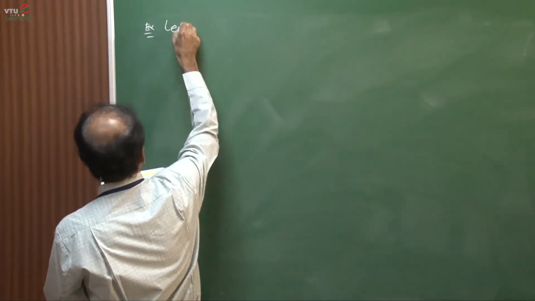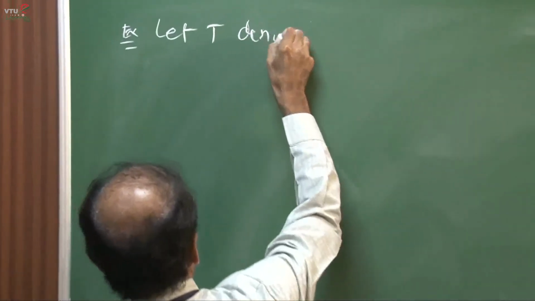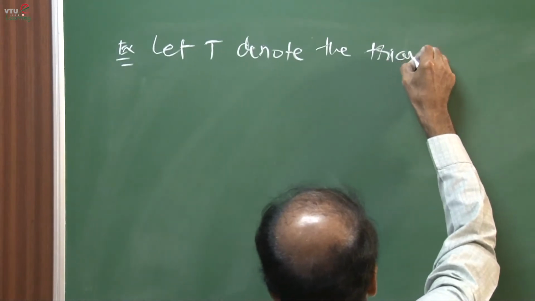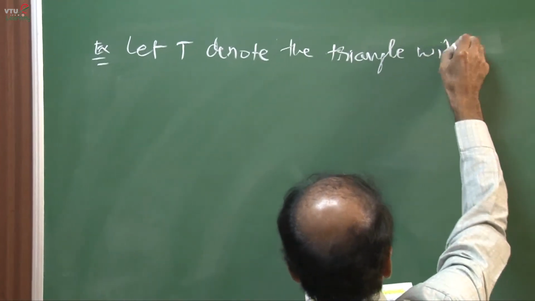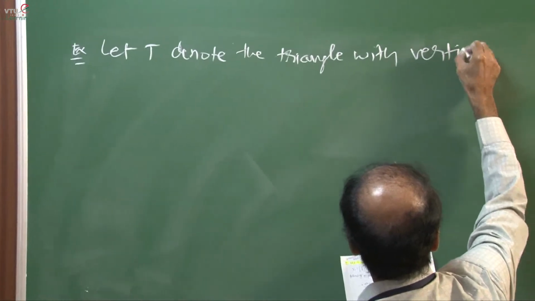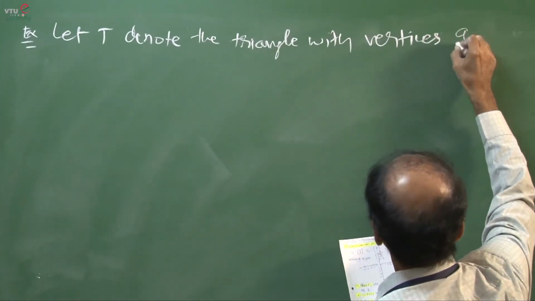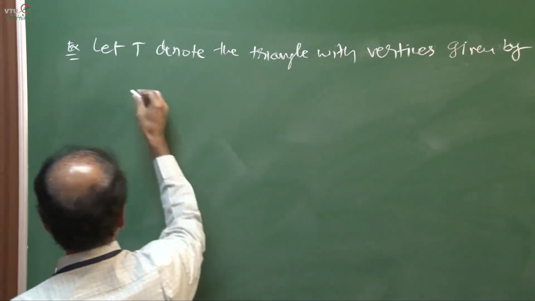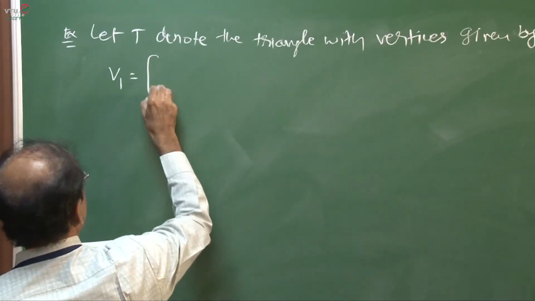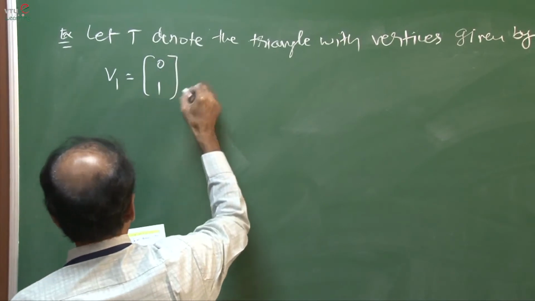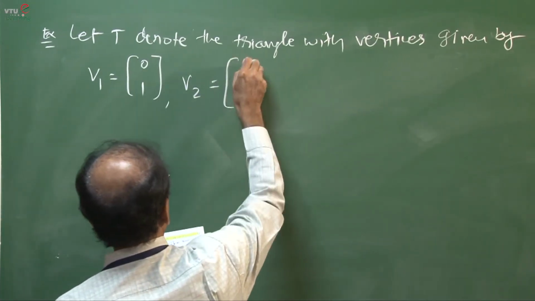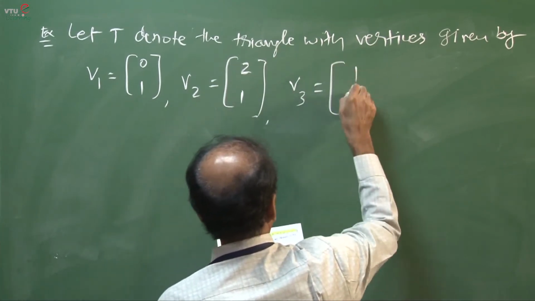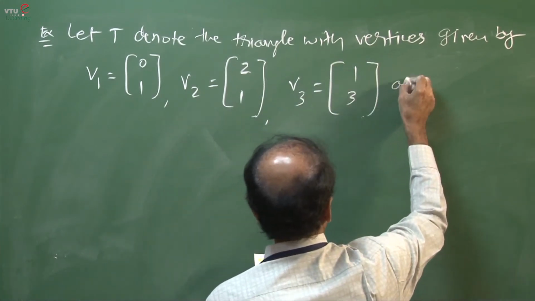Example, let T denote the triangle with vertices given by the corresponding column matrices, that is V1 is equal to (0, 1), V2 is (2, 1), and V3 is (1, 3), as shown in the figure.